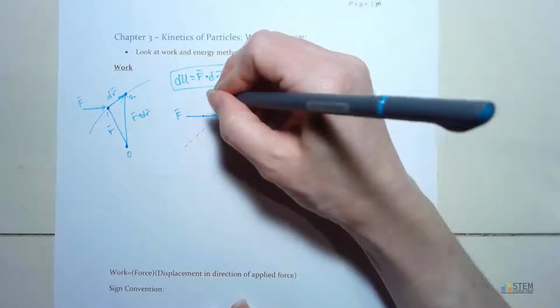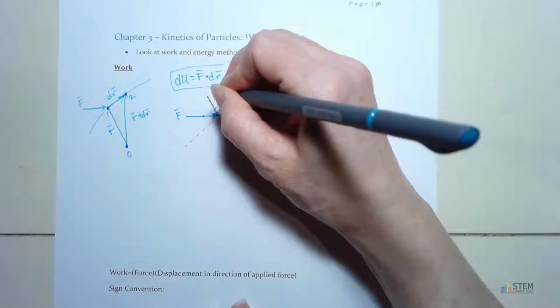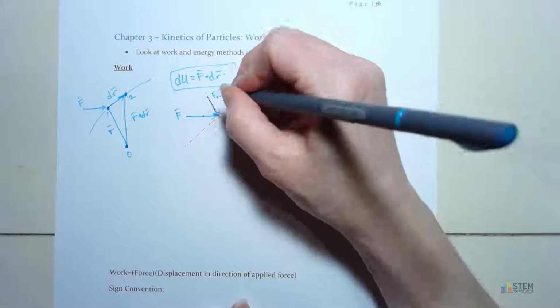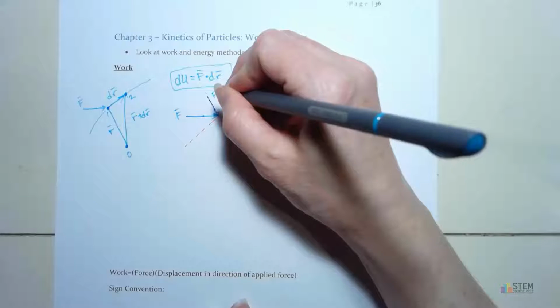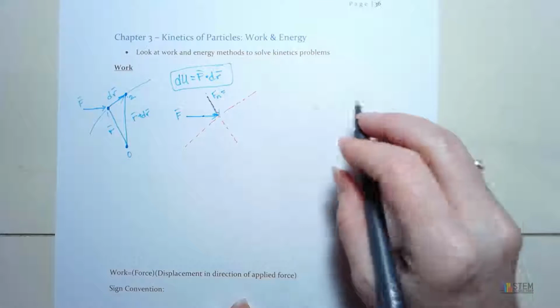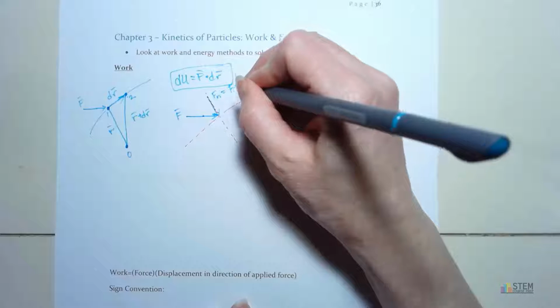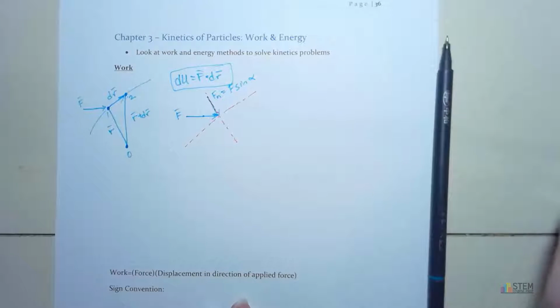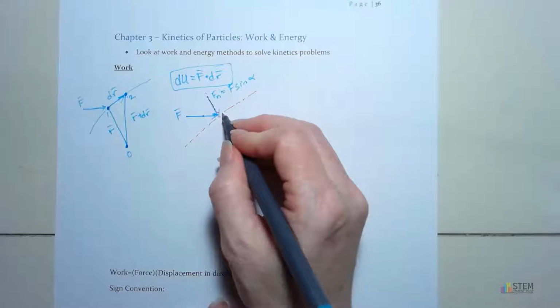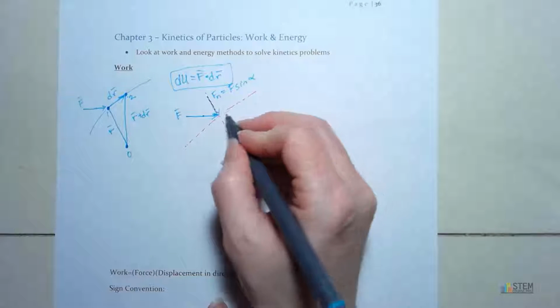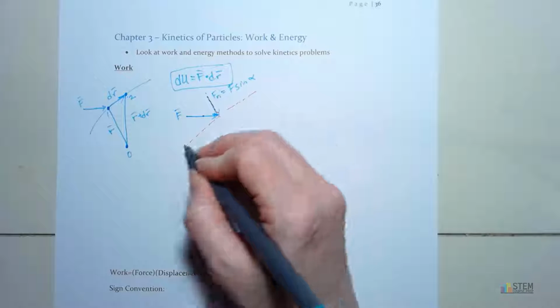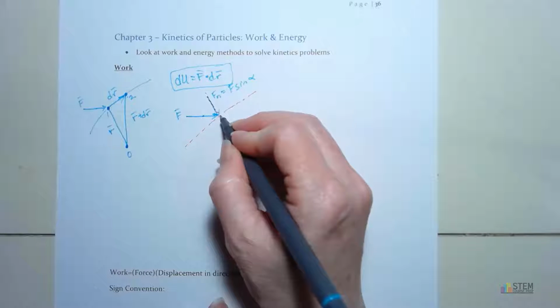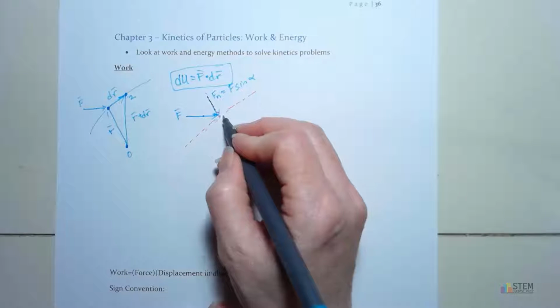Okay, so this one right here is going to be Fn, and we could write that as F sine alpha. You're probably wondering what alpha is. Well, let me tell you. So alpha is going to be the angle between this T line, tangential line, and then the horizontal.